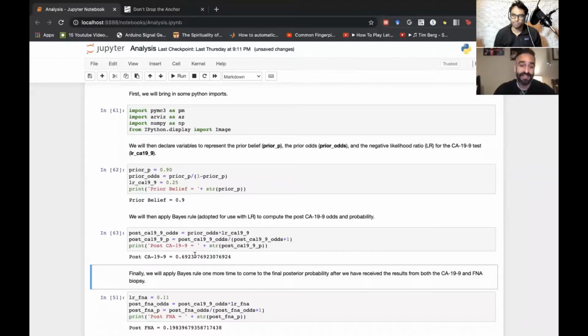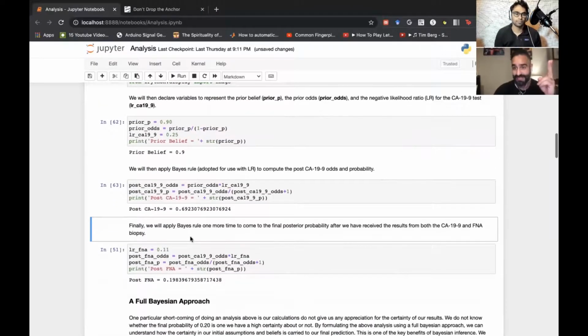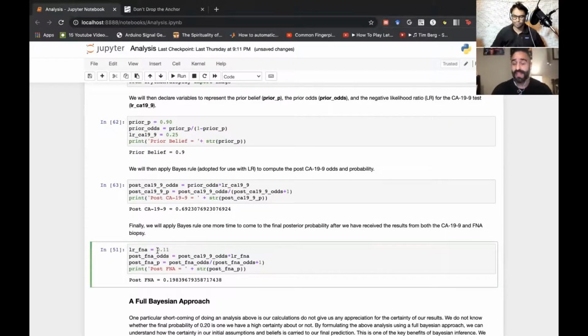False negatives. So they do a second test that is an FNA biopsy. That's fine needle aspiration of the met, and they look at the cells under the slides, and a pathologist will read that as cancer. Now, because an FNA is not a whole biopsy, it's guided through ultrasound, you can still miss cancer. So while it's a better test than the CA19-9, its LR is 0.11, definitely better.